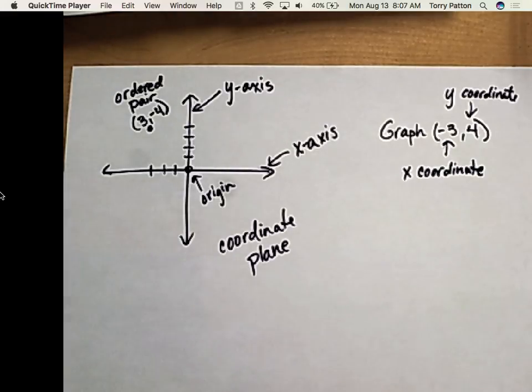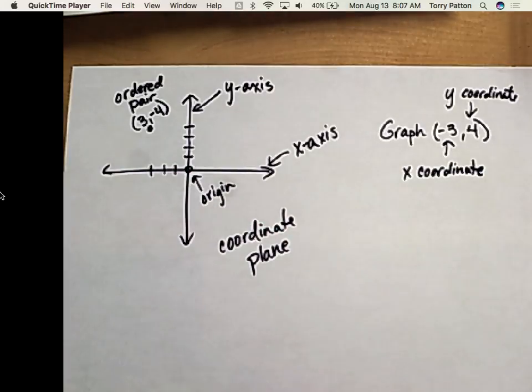Okay? If your room was ordered, how would that be different if your room was not ordered? Right. If your room is in order, or if your room is ordered, then everything is in its right spot, right? Everything has a place. If it's out of order or not ordered, it would be mixed up.